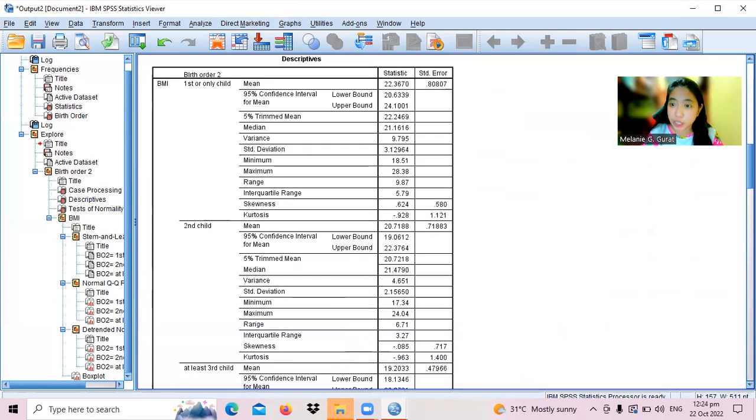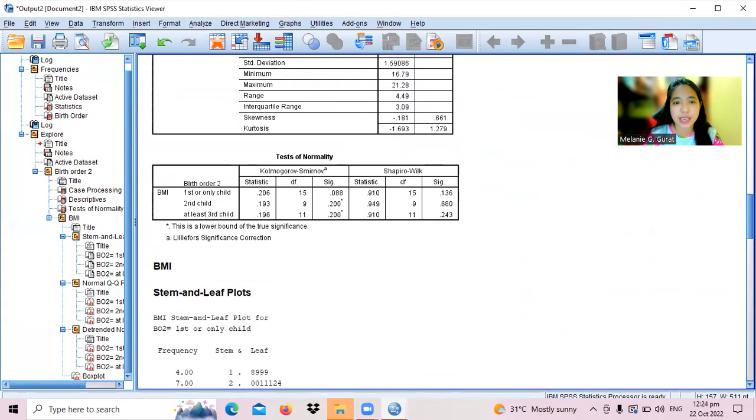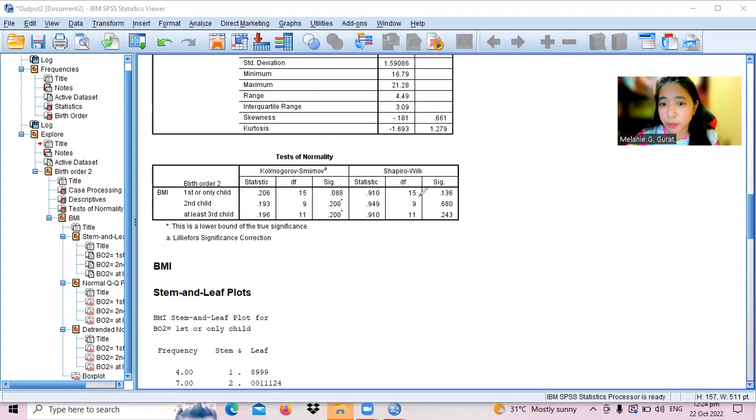Of course, as mentioned in the previous video, you can see other results, but we will just focus on this test. We already mentioned in a separate video that we use Shapiro-Wilk when we have less than 50 respondents. In this result, n is of course less than 50: 15 is less than 50, 9 is less than 50, and 11 is less than 50.